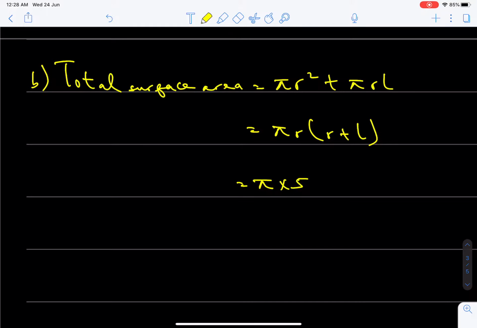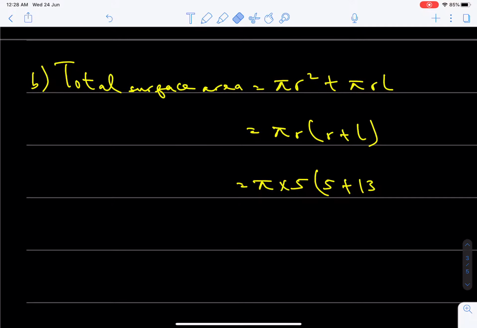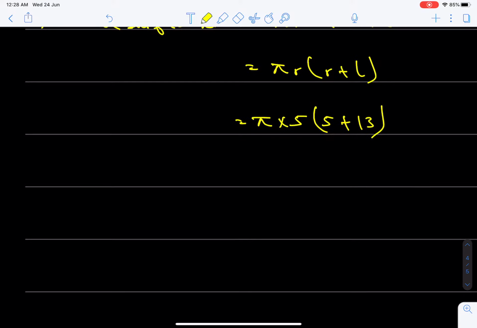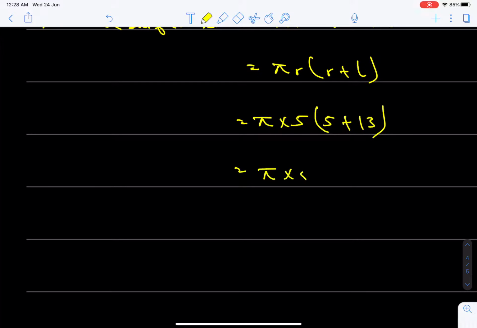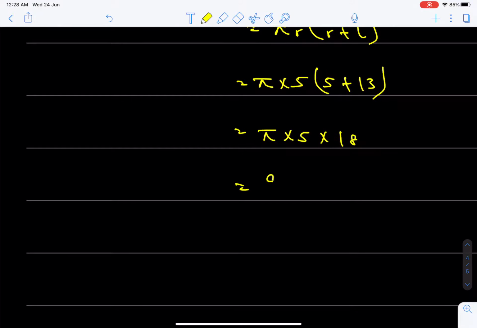The base radius of the cone is 5, into bracket 5 plus the slant height, which we just found to be 13 centimeters, and that means pi times 5 times 18, and that's 90 pi centimeters squared.